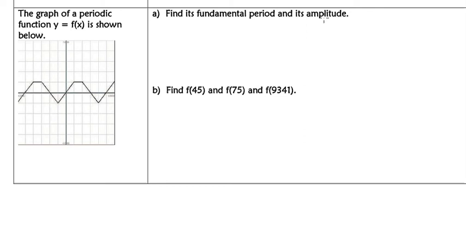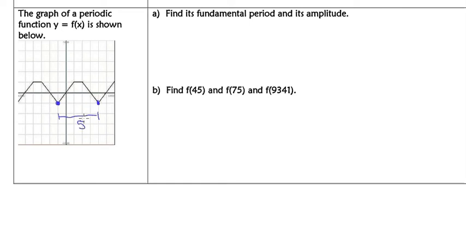So from any point on the graph, let's say right here, to find its fundamental period, we find the next corresponding point on that graph. And so here as we go along, we can see when it's been repeated. And that's going to be 1, 2, 3, 4, 5 units.